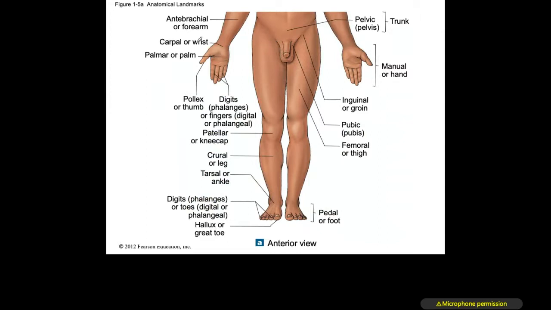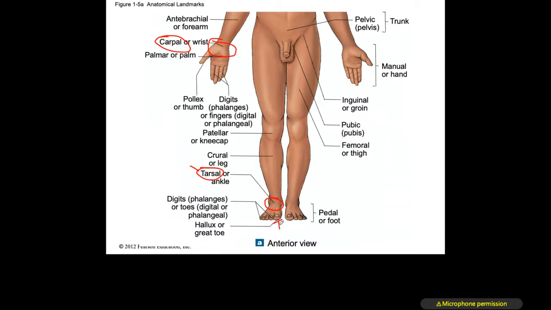Okay, let's look at the lower part. Well, the wrist, you've heard of carpal tunnel syndrome. So carpal is wrist, not to be confused with the ankle, which is tarsal. So you have carpals and tarsals. Just think tarsal with a T for toes. Right?